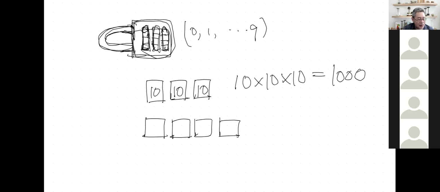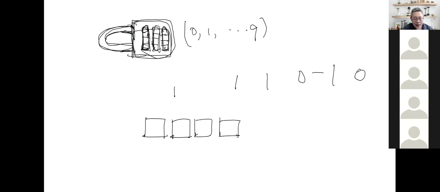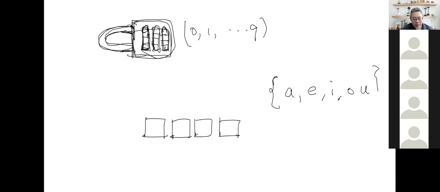We're going to make a password, and we're going to choose from all the vowels A, E, I, O, U, that's 5. Now, if we allow the repetition, that means we can reuse the letters. Now, how many choices can we have?